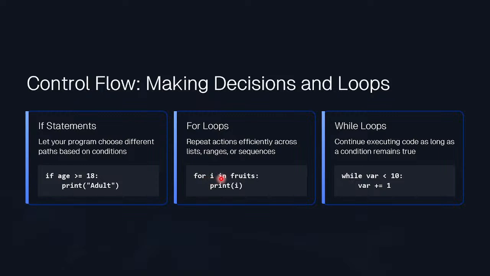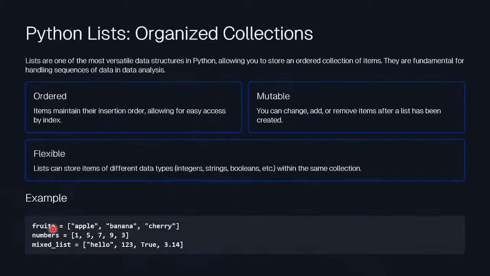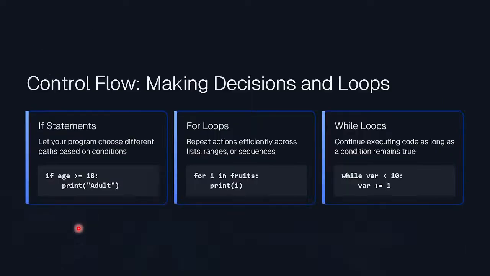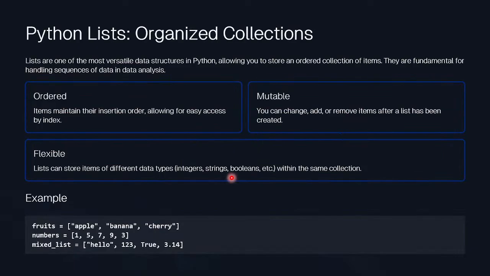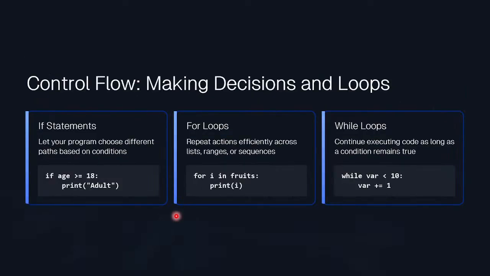Now, for i in fruits. We saw that there's a fruits list here. So for i in fruits means the loop will start and go to every single element. First apple, then banana, then cherry. It prints i. What does it mean?